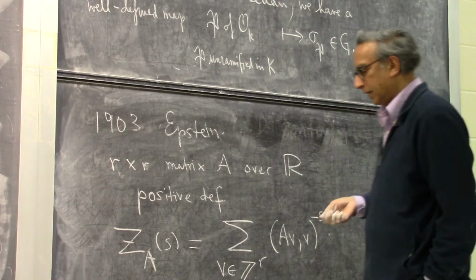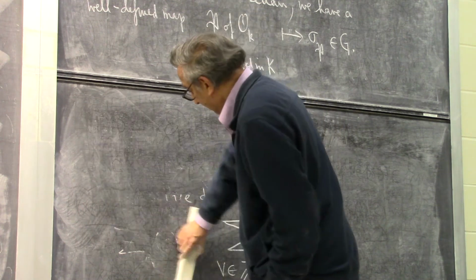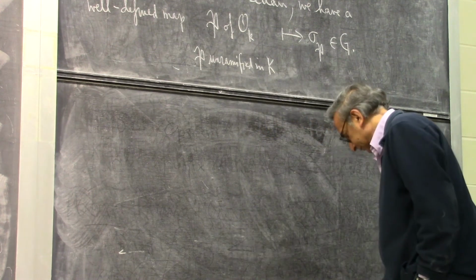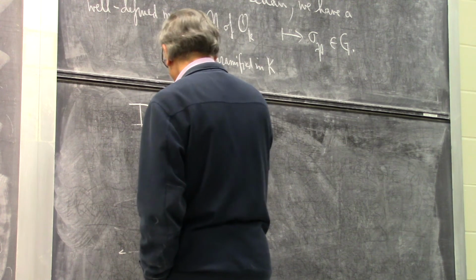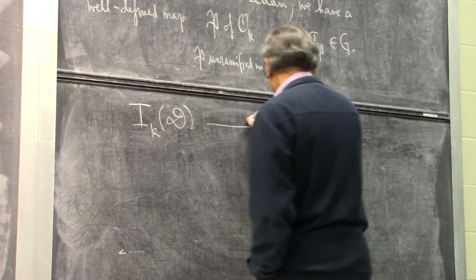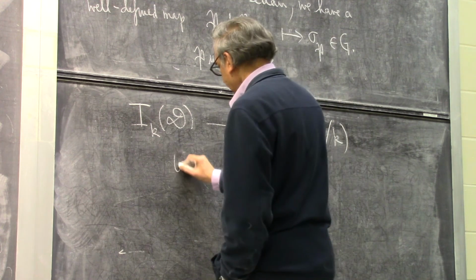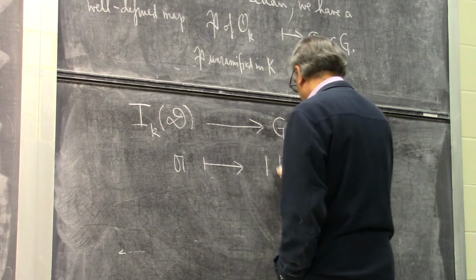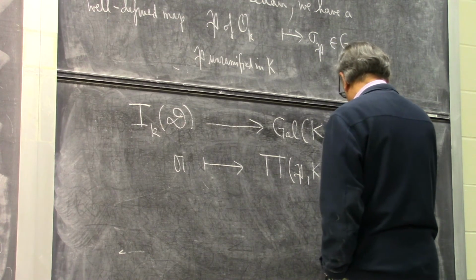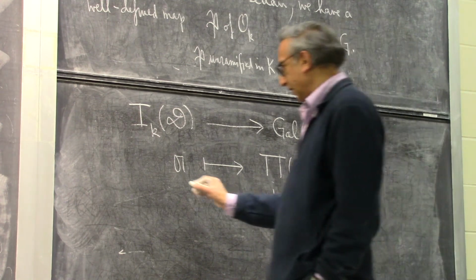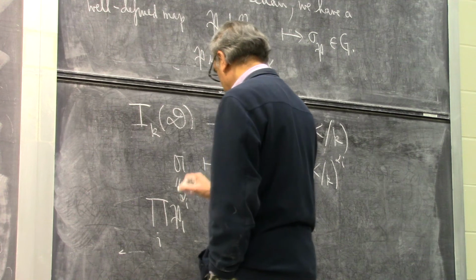So we can extend this map to the collection of all fractional ideals co-prime to the different of K. If I take a collection of ideals which are co-prime, I have this Artin map into the Galois group, given by: give me an ideal A and I map it to the product of the Artin symbols, where I'm writing my ideal A as a product of prime ideals, like so.